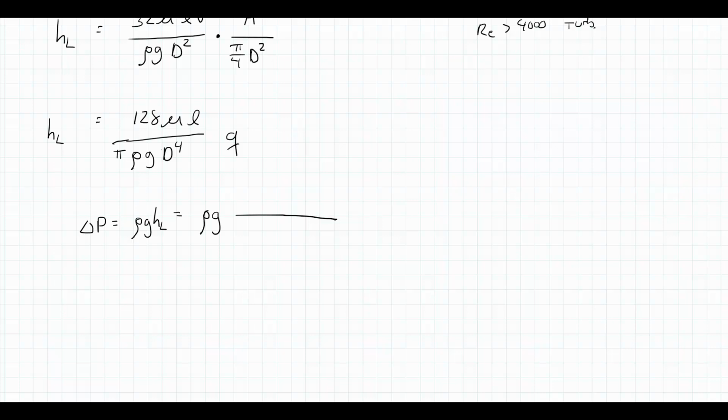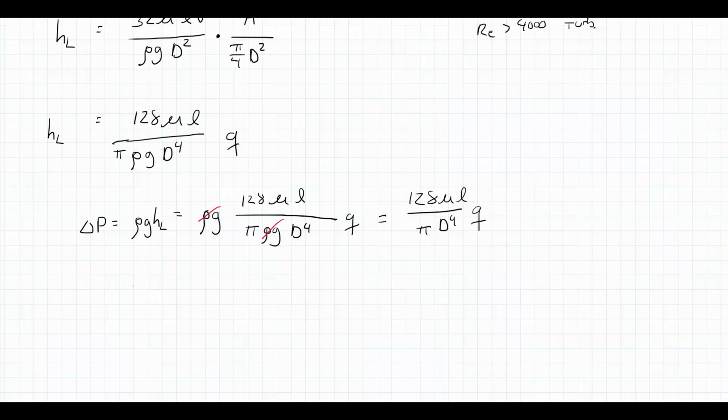I have the 128 mu times L, pi, rho g on the bottom. You can see there's going to be cancellation, times the Q. Rho g and a rho g, that's going to cancel out. So this is going to just be the 128 mu L over pi d to the 4th times Q.